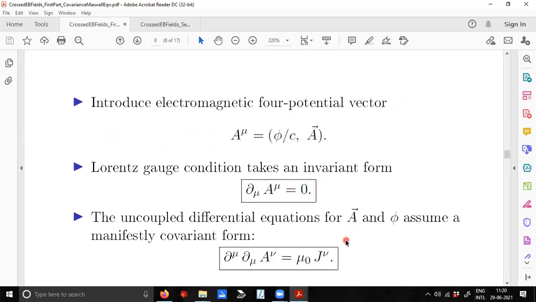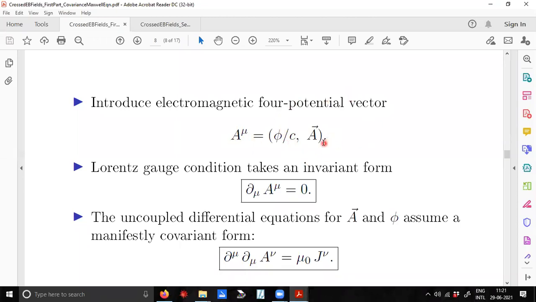So now I come to special relativity. With this background, I again introduce the electromagnetic 4 potential vector. I call A mu, the contravariant component of a 4 vector, the scalar potential divided by C and a vector potential A. How did I decide it? It is something which, gradually, when I work on it, I know forms a 4 vector.